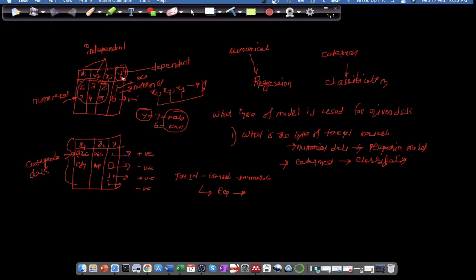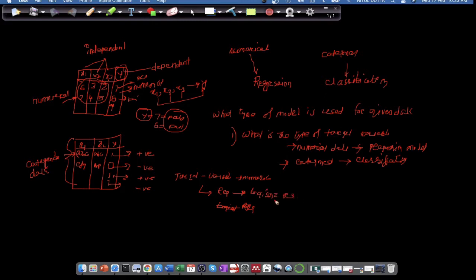The target variable is considered as categories. In that case, we should go for a regression model, but not linear regression. Rather, we should go for the logistic regression model.